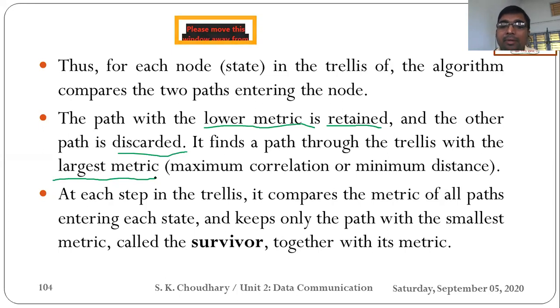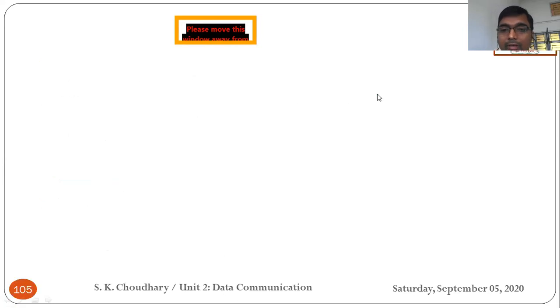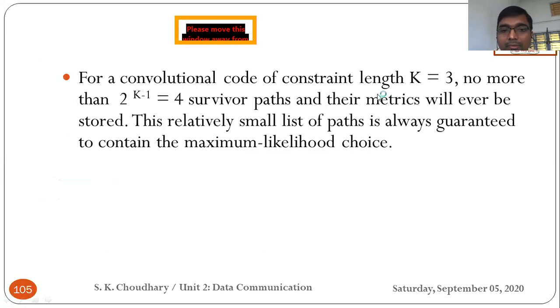So at each step in the trellis, it compares the metric of all paths entering each state and keeps only the path with the smallest metric, that is called the survivor, or survivor path. In this way, decoding is performed.